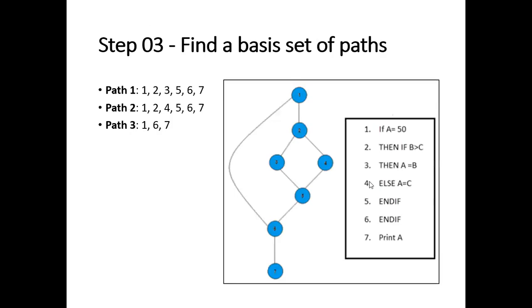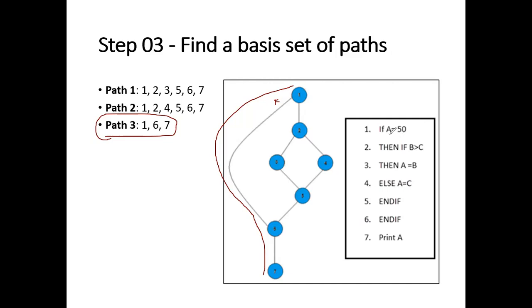If I show you, the first, if we take this path 3 here, it's 1, 6, 7. So 1 represents A equals 50. And we know this is our false path, right? Then we have 6, and this one ends at 7.